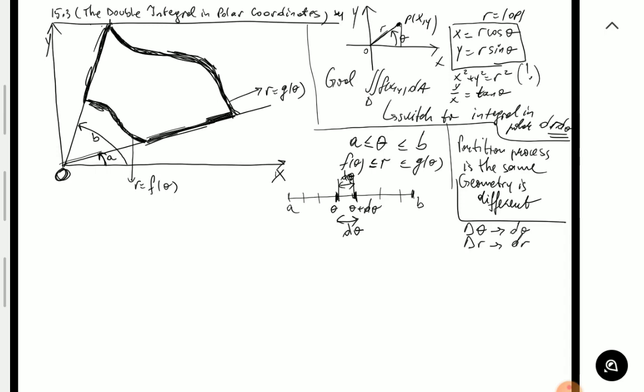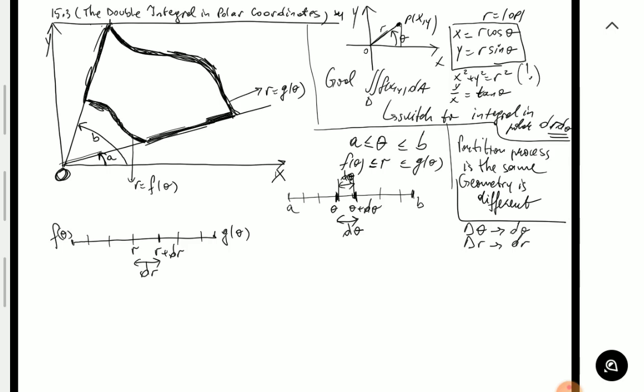And in the same manner, for a given theta, you look at the domain for r, which goes from f of theta to g of theta. You're going to partition this, and somewhere in the middle, you're going to have a typical segment in the partition from r to r plus dr, right? Again, the length of this partition will be dr after you take the limit of the Riemann sum.